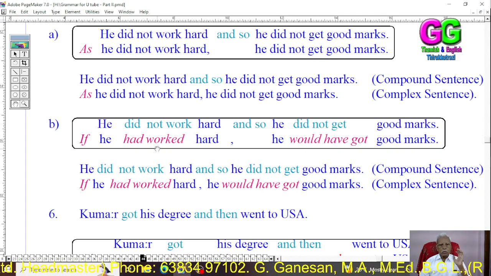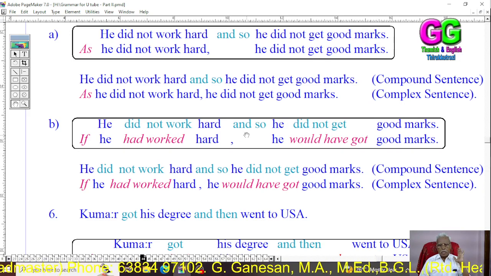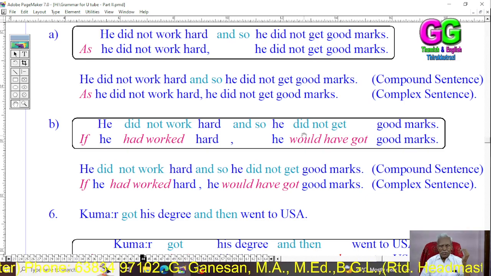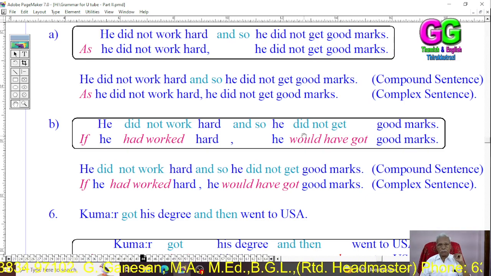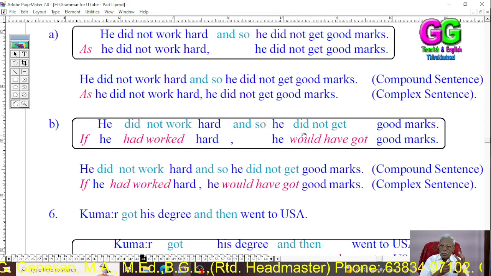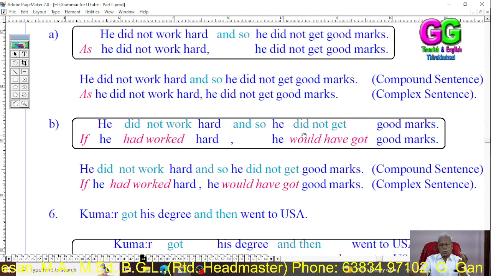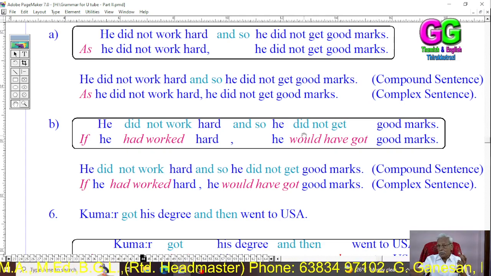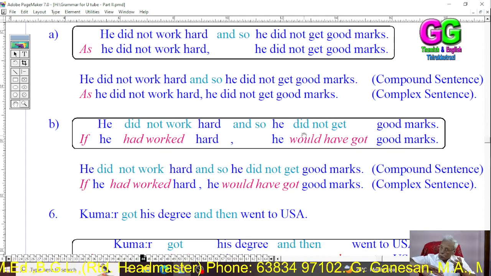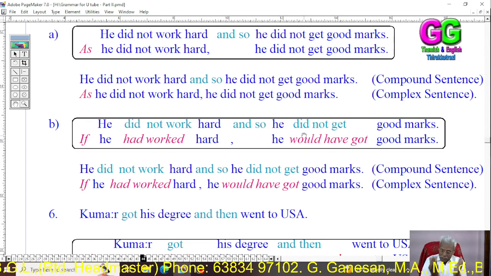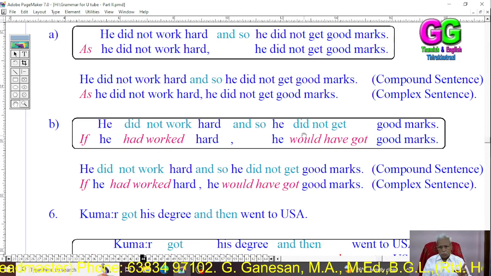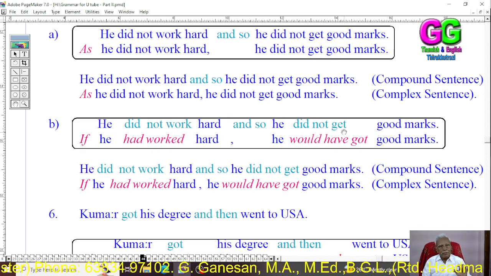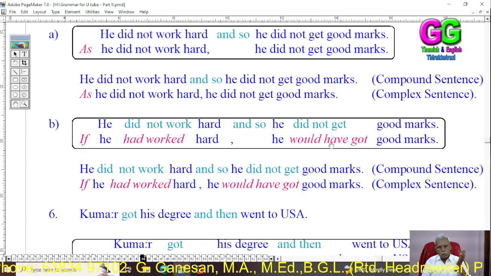So did not work, had worked, and 'so' removed. Then the simple past should be changed into conditional: that is, would have plus past participle. So 'did not get' has been changed into 'would have got'.